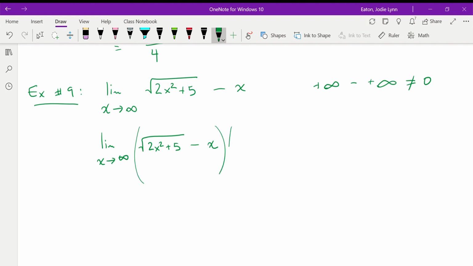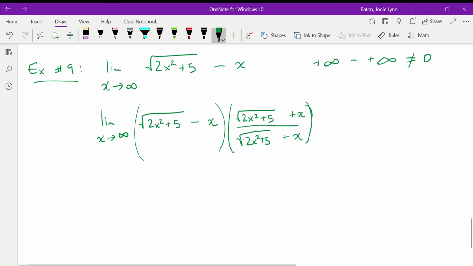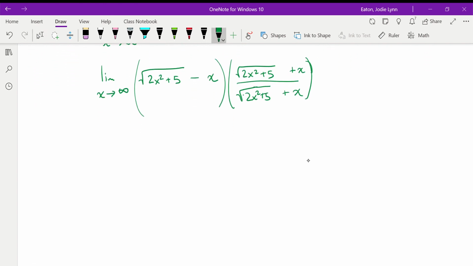We're going to multiply by the conjugate over the conjugate: root 2x squared plus 5 plus x over root 2x squared plus 5 plus x. So we have to give this a denominator, even though we didn't have a denominator before. That is okay. So the limit as x approaches infinity.